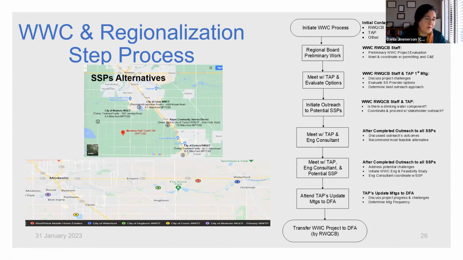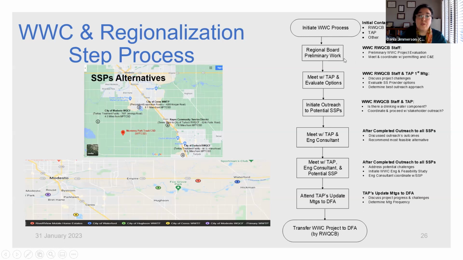Sometimes these projects are referred to us by a technical assistance provider, by the community, or by permitting staff, if they are working with a facility that cannot meet compliance with its permit and is providing sewer services to a small, severely disadvantaged community. That will be referred to us as a regionalization project too.